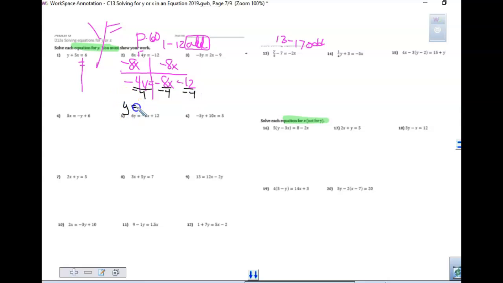And I get y equals negative divided by negative is positive 2x. Negative divided by negative is plus 3. And check if you got number 1 right. Right? Okay? No, we're going to spend a couple days on this, okay?